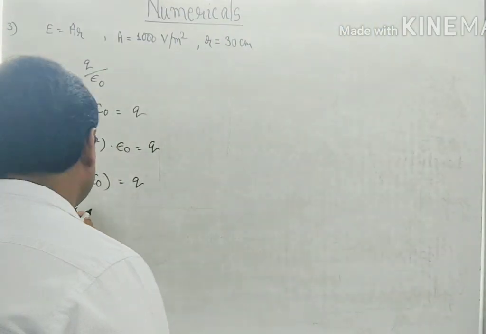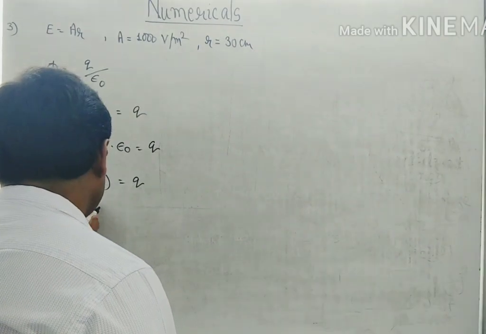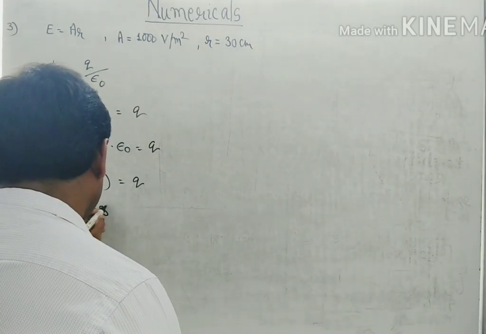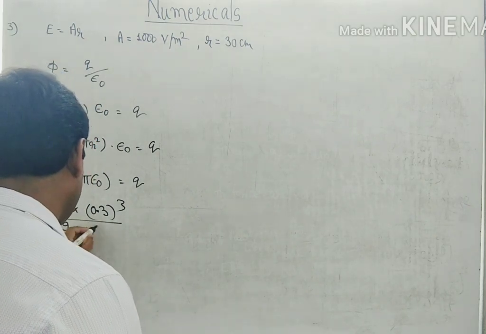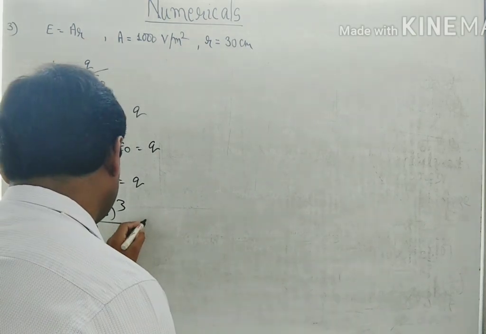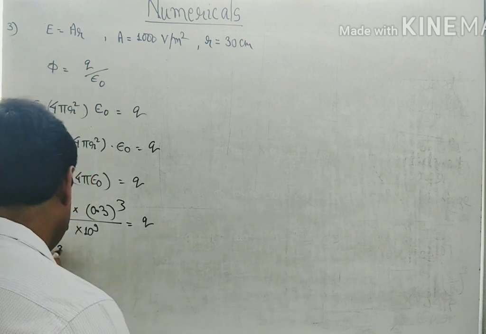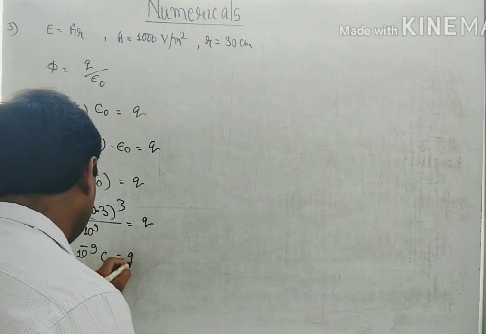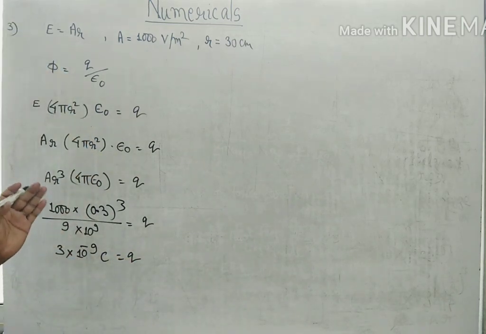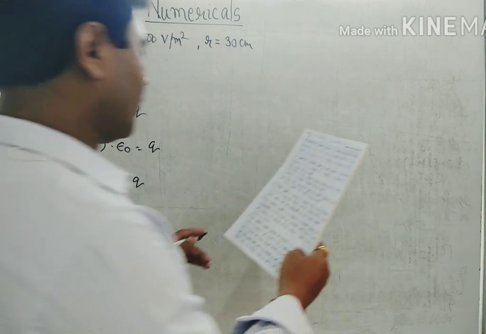So placing the values, this value 30 in meters is 0.3 cubed upon 9 into 10 to the power 9, and students, when you solve it, you'll be getting 3 into 10 to the power minus 9 coulomb as your required answer. So with this we can move ahead.